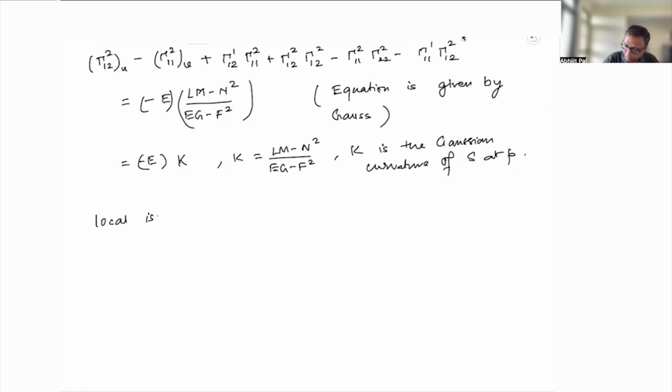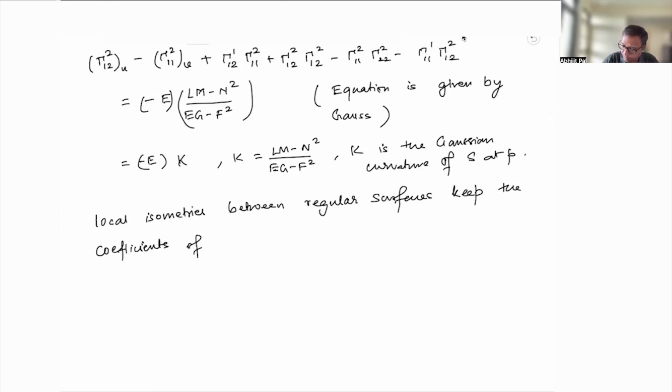Local isometries between regular surfaces keep the coefficients of the first fundamental form invariant.